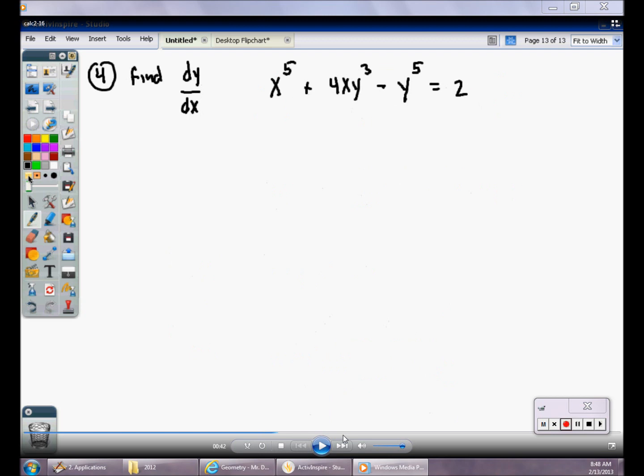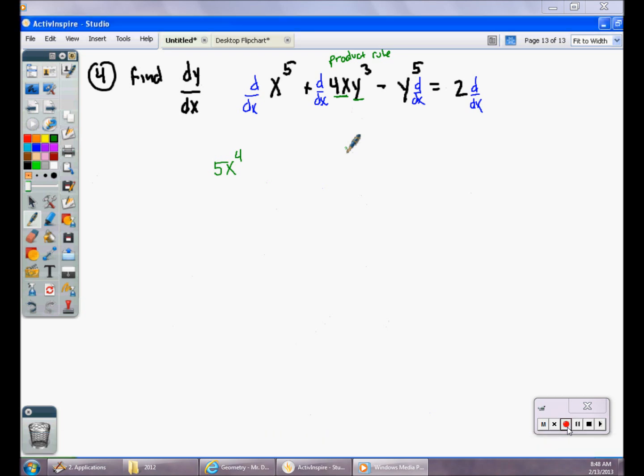Here's the next problem. Take the derivative dy dx. d over dx of all four items. Here I am going to have a product rule. The derivative of x to the fifth is 5x to the fourth. I'm going to leave off the dx since we know it's going to reduce to 1.